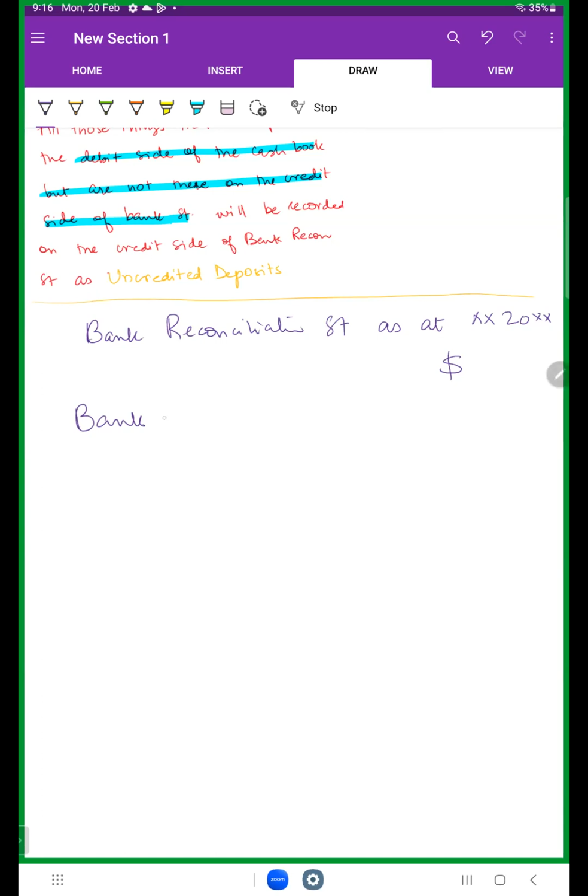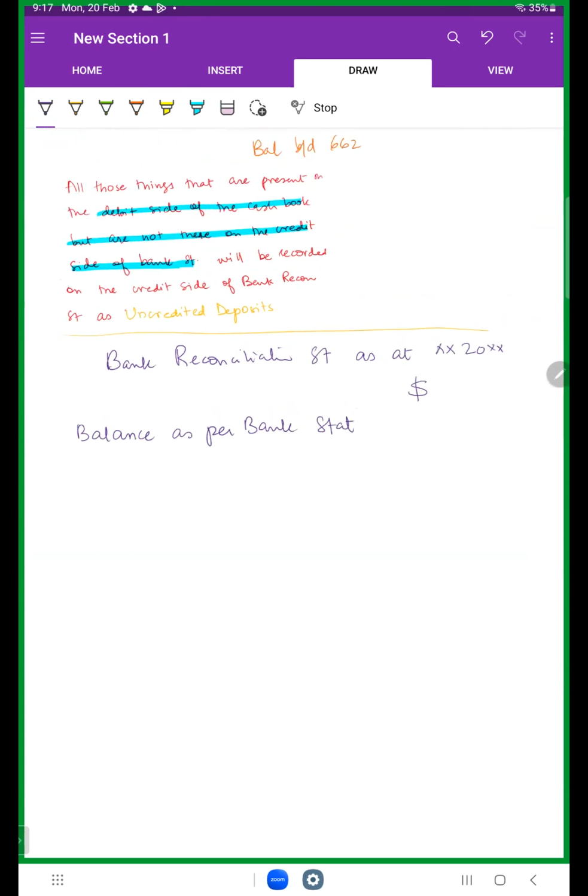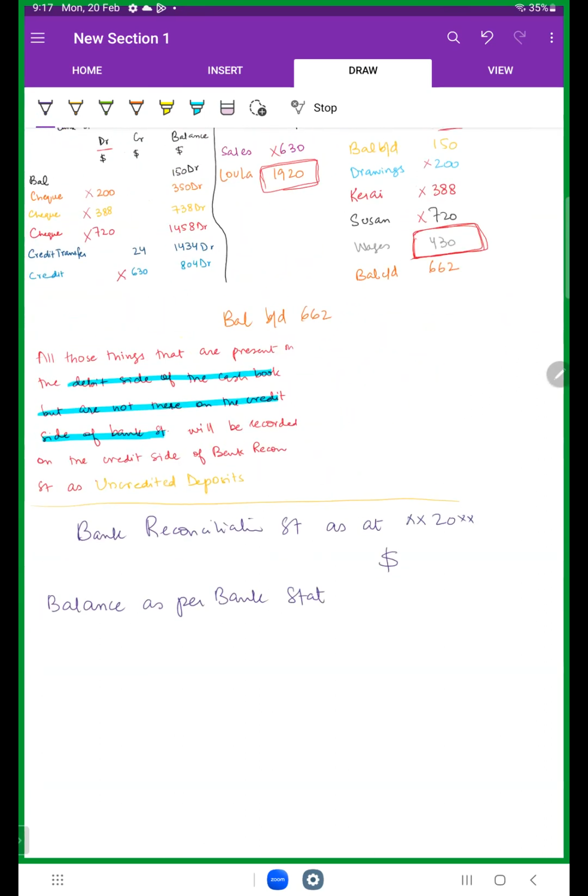Balance as per bank statement. From the question, what is the balance from the bank statement? 804, the balance brought down for the next year.